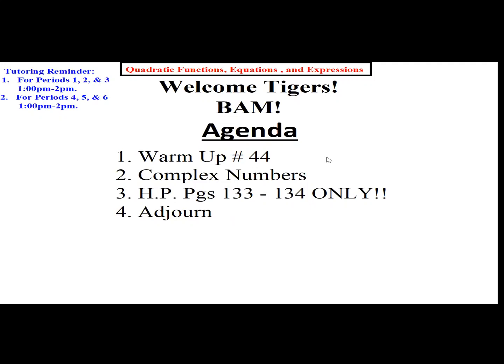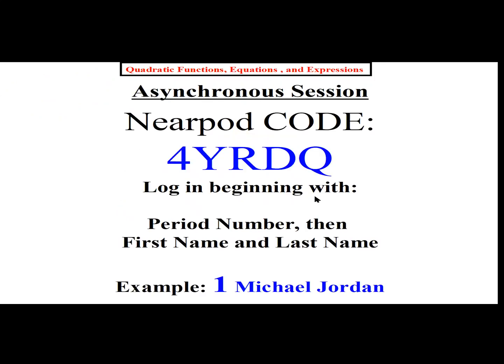Asynchronous code for tonight, we got 4YRDQ. So once again, if you miss anything on the notes, make sure you go to the presentation on your synchronous time, and it should be in there, okay? Your previous home play from the weekend, some of you, it was pages 121 and 124.